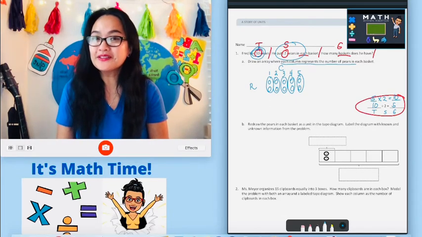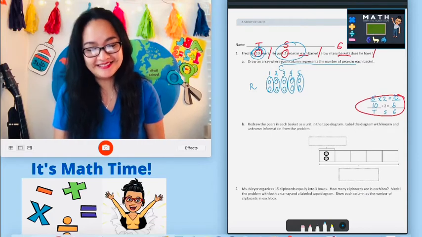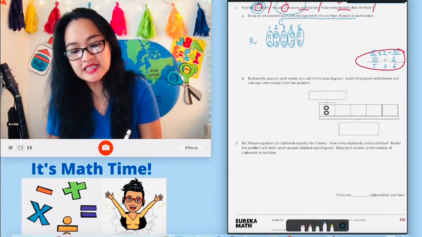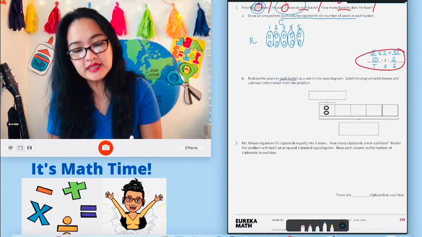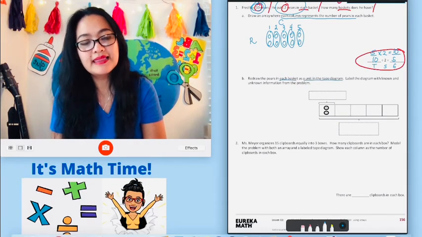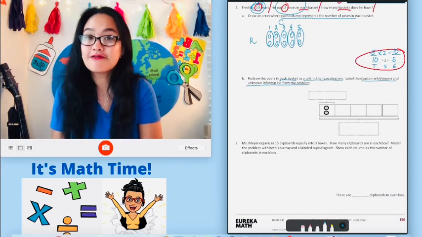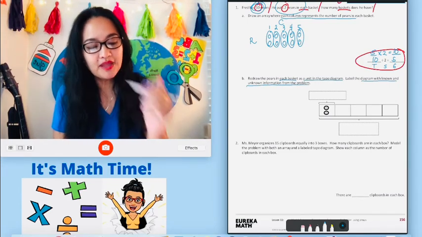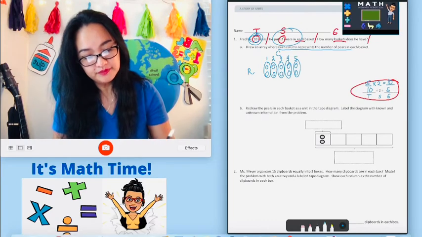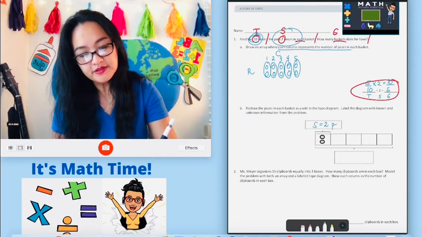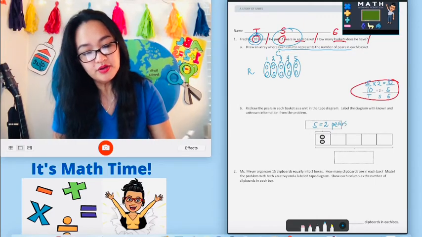Pretty simple. Now let's answer letter B. Letter B says, redraw the pears in each basket as a unit in the tape diagram. Label the diagram with known and unknown information from the problem. I know my size is 2 pears. I also know that I have 10 as my total.